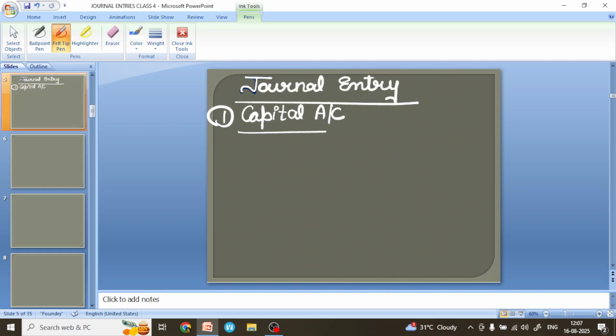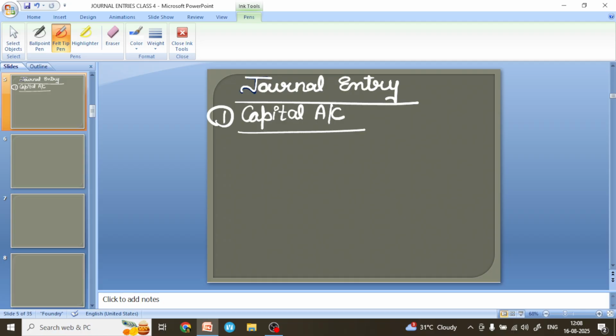Now I am going to discuss about capital account. The amount which you invested in business, whether in form of cash or any type instead of cash, that amount is known as capital. You can say the amount invested in the business, whether in cash or kind, by the proprietor or owner of the business, is called capital.